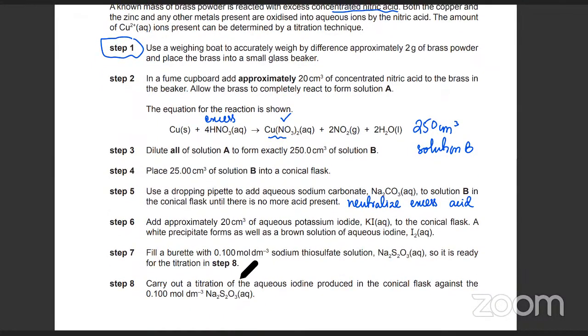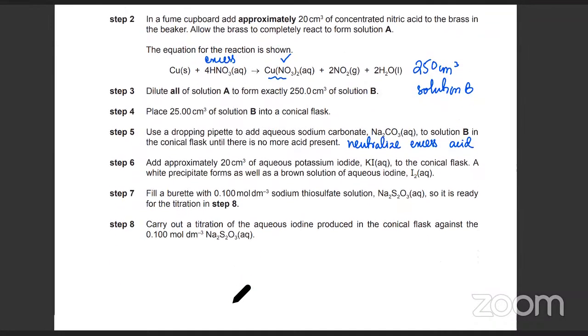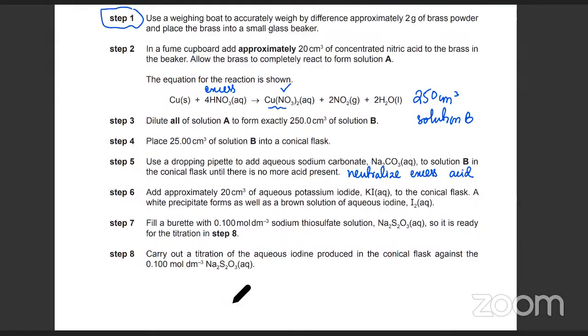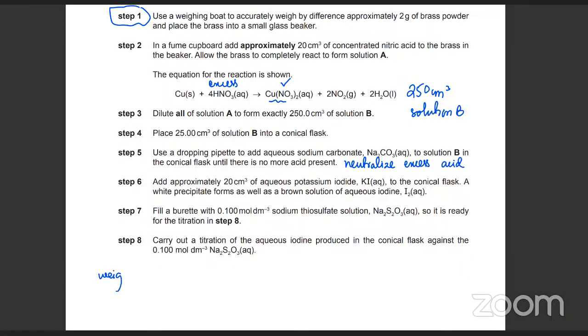Step number 8, carries out a titration of the aqueous iodine produced in the conical flask against 0.1 mol per dm³ sodium thiosulfate. So one by one, I'm going to write everything down in a simpler way, all of the steps. So one by one, the steps are that he weighs the brass, which is basically copper plus zinc.